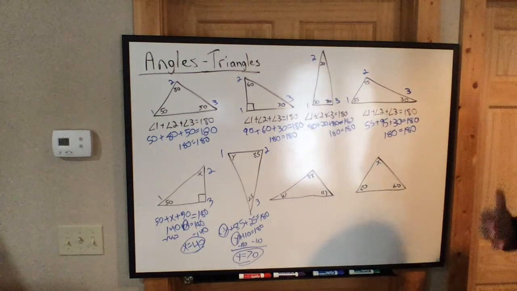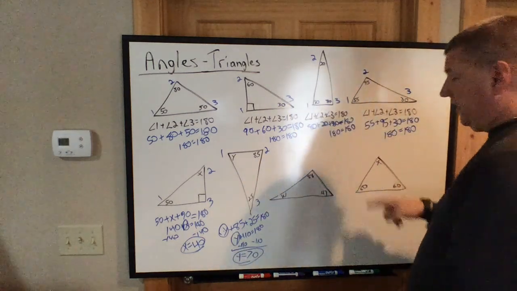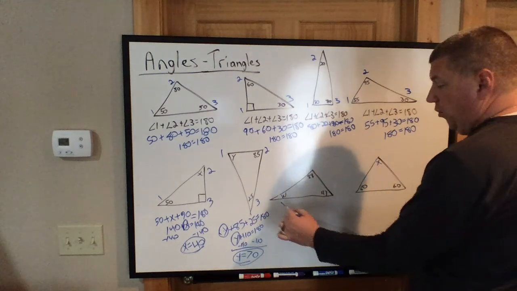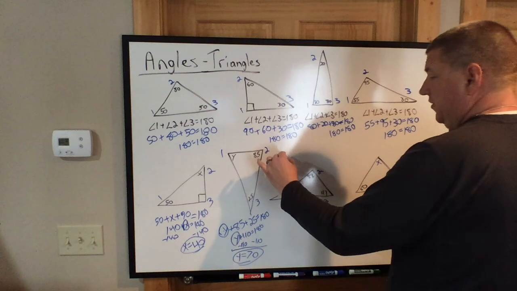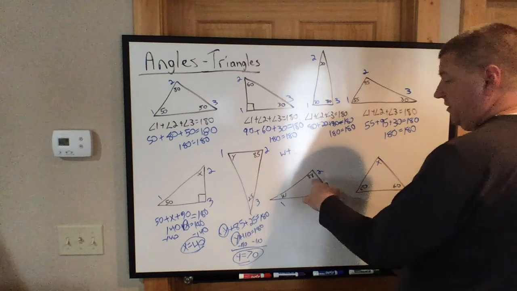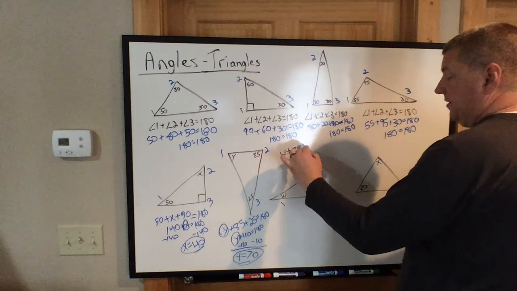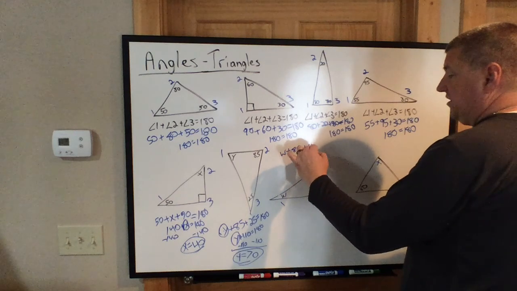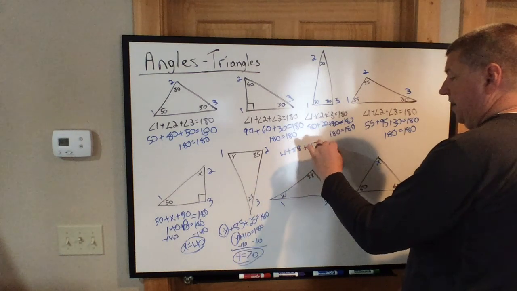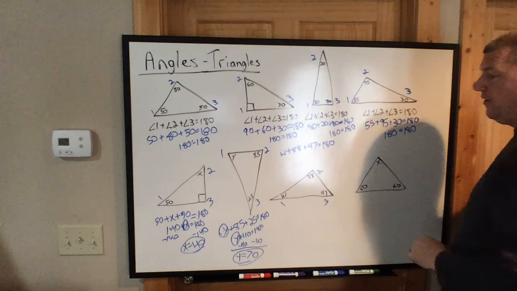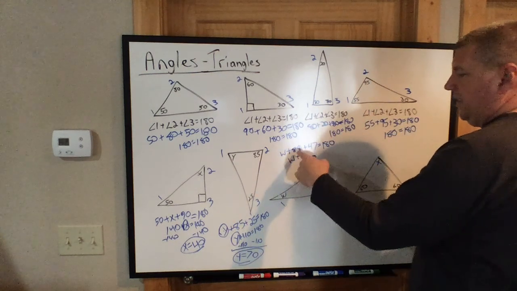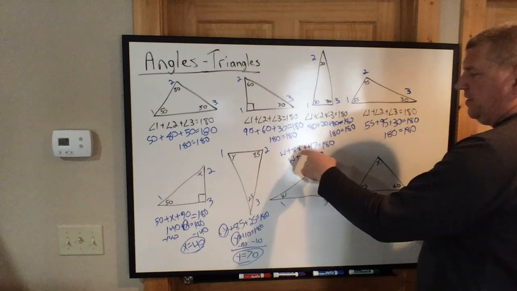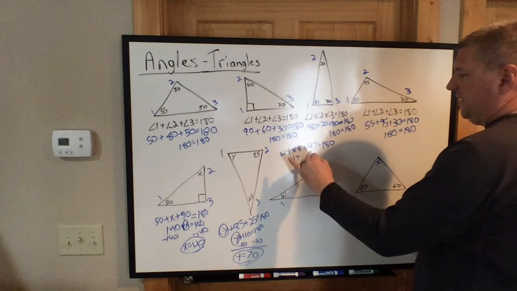Okay? Our next example, I'm going to go above it here. We'll go angle 1, angle 2, and angle 3. So I've got W plus 88 plus 47 equals 180. Now we've got some funky numbers here. Love it. So W plus 88 plus 47. So the 8 and the 7 gives me 15.